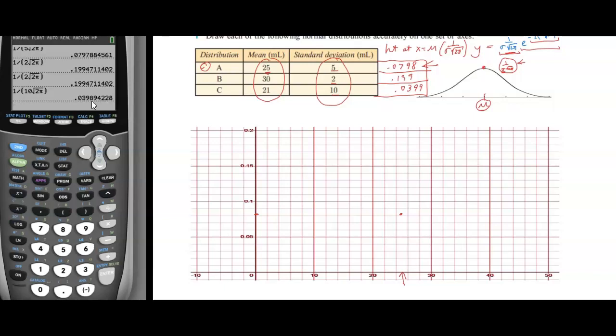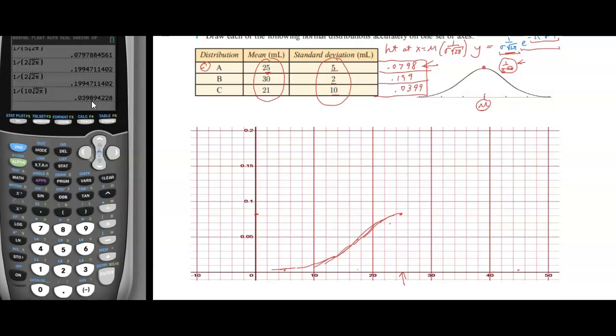And then the standard deviation is 5. So 3 standard deviations out would be 15. So let's see, that would be about here, right? This would be the edge of the normal distribution. And then this would be the other edge of the normal distribution. Is that right?